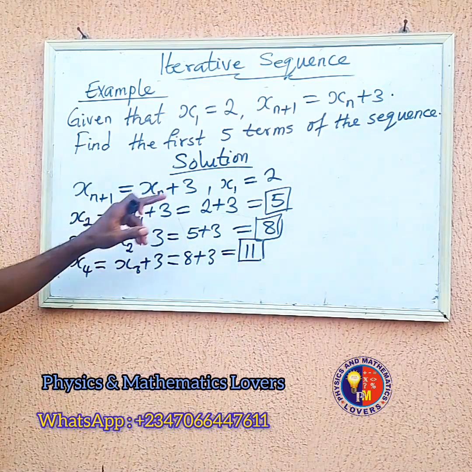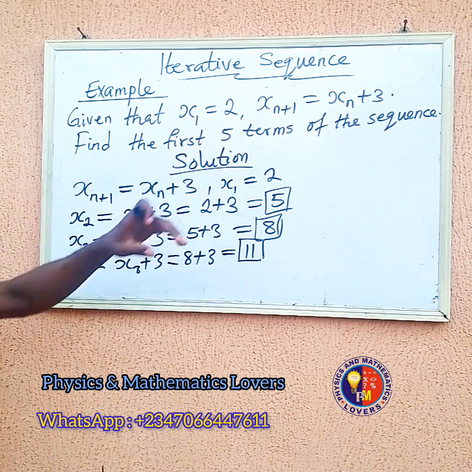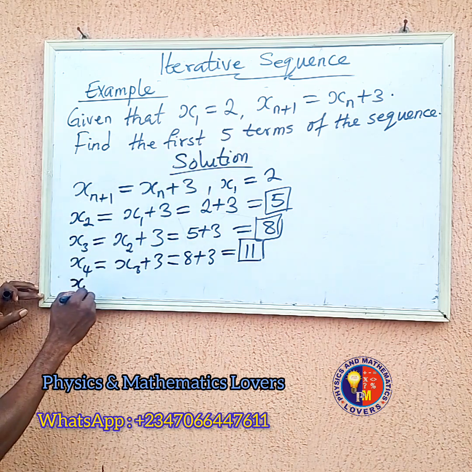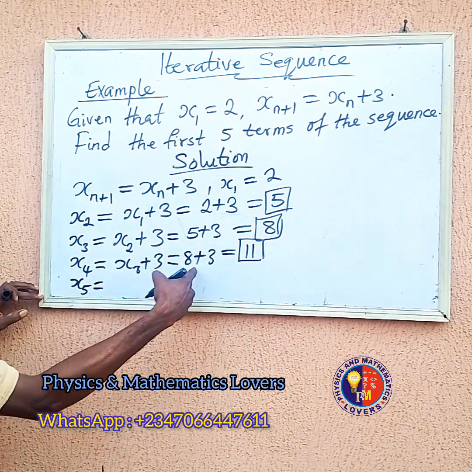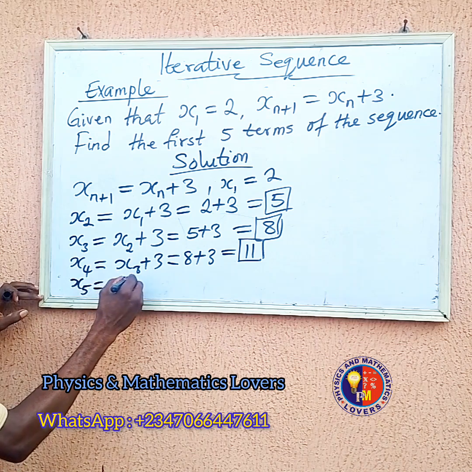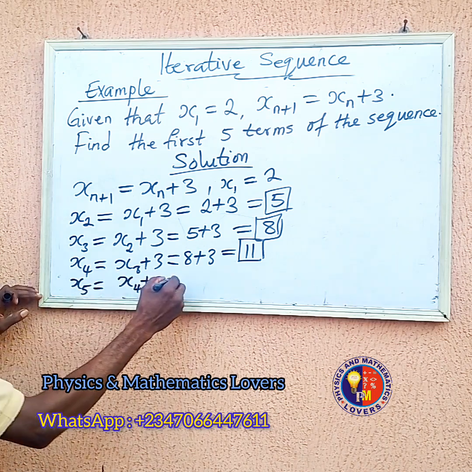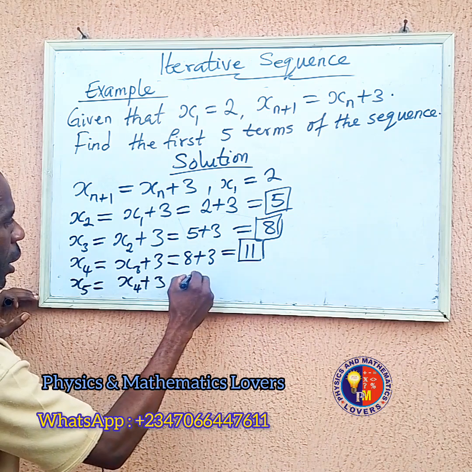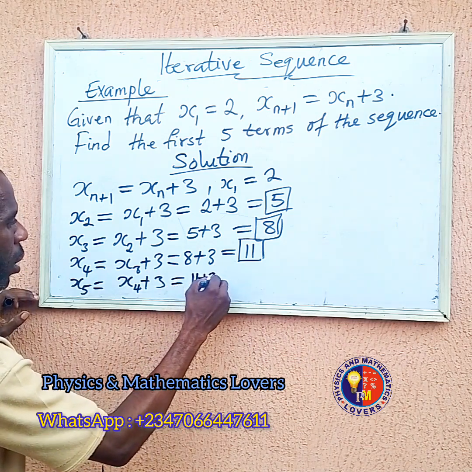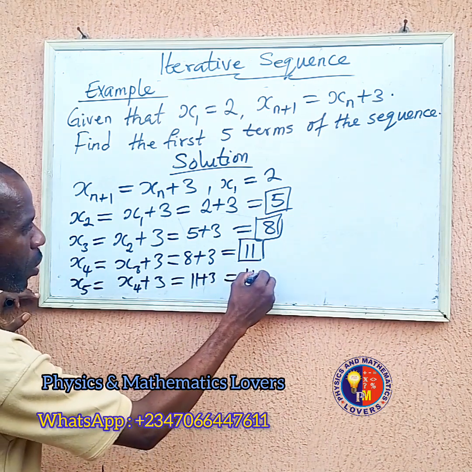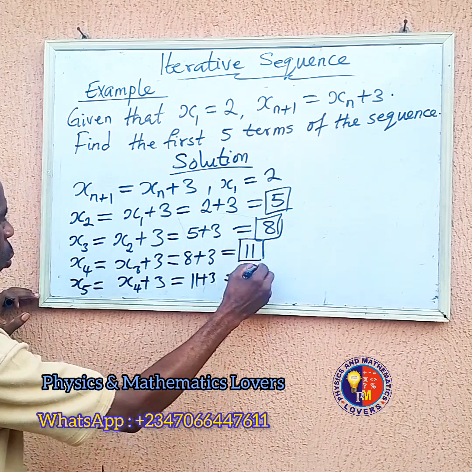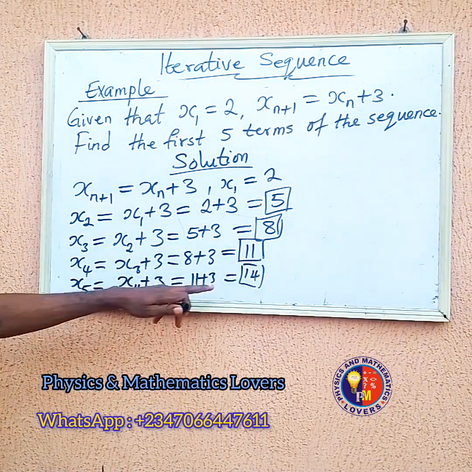Remember, we are asked to stop at 5 terms. So your x5 is this x4 that we just got, plus that same 3, which is constant. x4 is 11, and 11 plus 3 is 14. So x5 is 14.